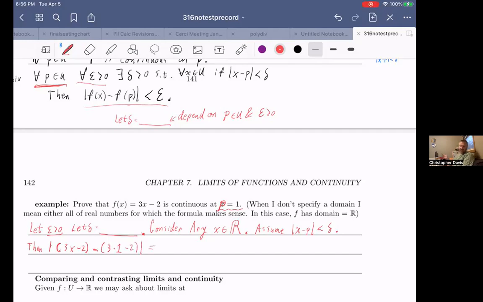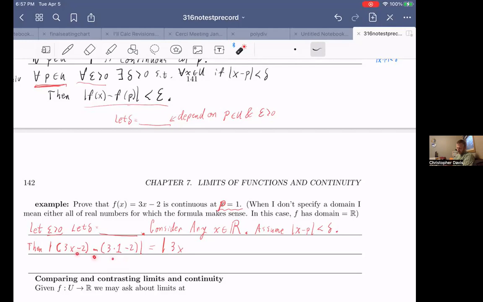equals, so I guess now simplification has to happen. 3x, let's see, minus 2, this whole thing is minus 1, but then it's plus 1. No, it's 1, and then it gets subtracted. Whew.